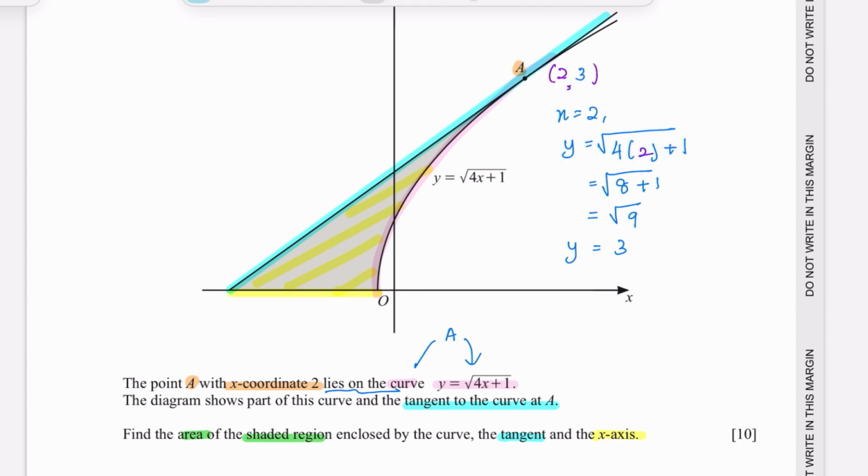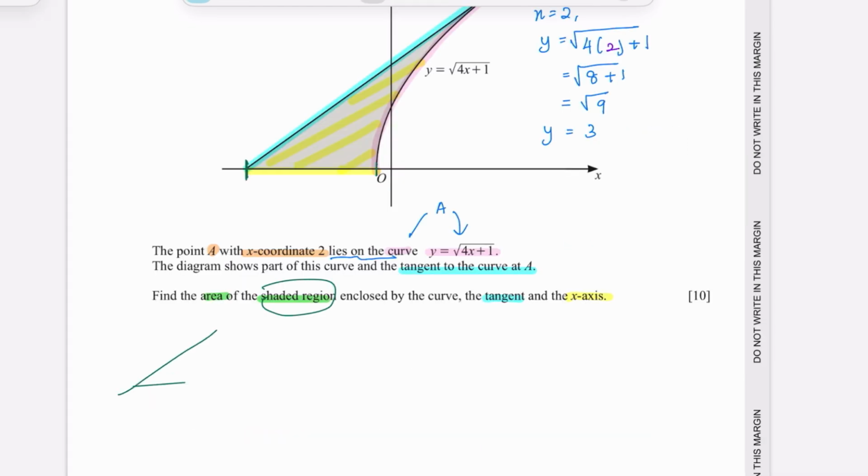So after we have our limit, for us to get the shaded region, which is this one, what we can do is, first, we find the area under the straight line. The area under the straight line is going to be from x at 2, and we need to find what is here. Then minus the area under the curve. So this is the curve.